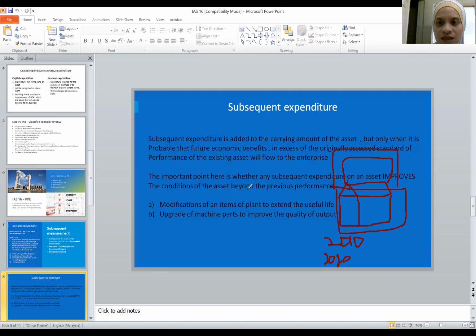Itu maksud dia improve the conditions of the asset beyond the previous performance. So this one, yang extended ni, of course you kena recognize the cost and must calculate dia punya depreciation.